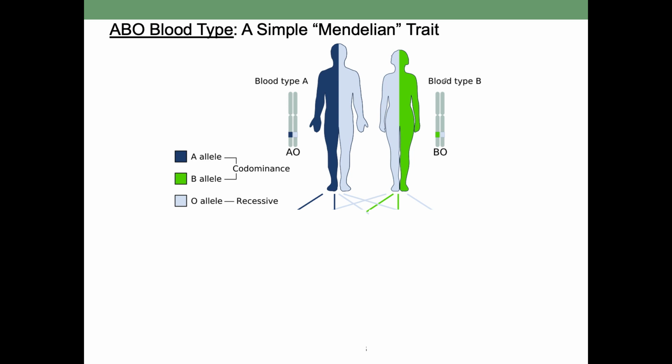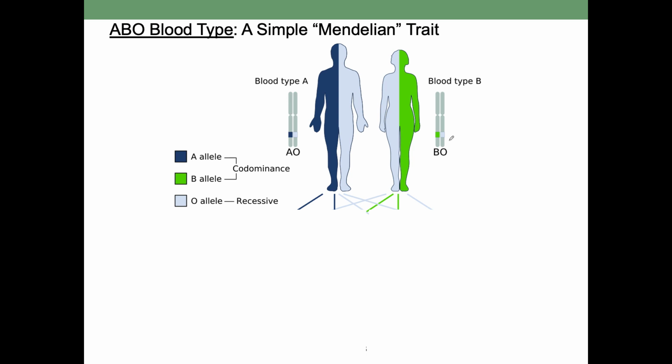Okay, the other parent has blood type B, that's their phenotype. Their genotype is BO, because at this locus, on the same chromosome pair, they have the B allele, and at the same locus on their other paired chromosome, they have the O allele. And so if these two individuals have kids, let's say that they had 100 kids, which is essentially impossible.